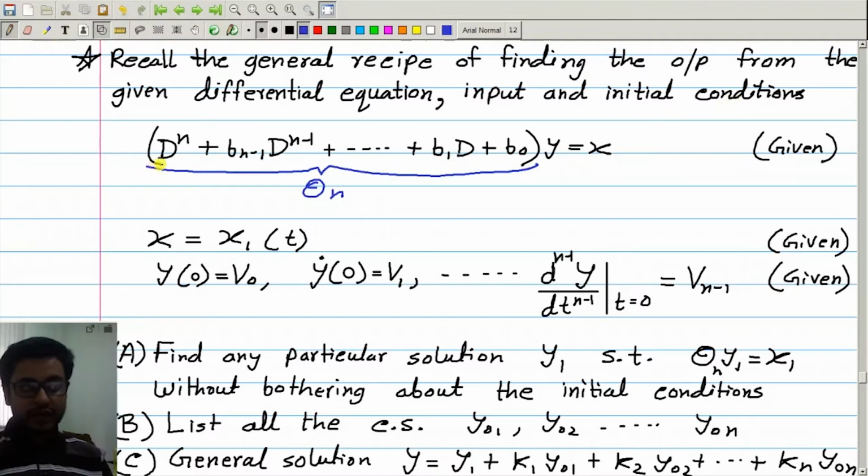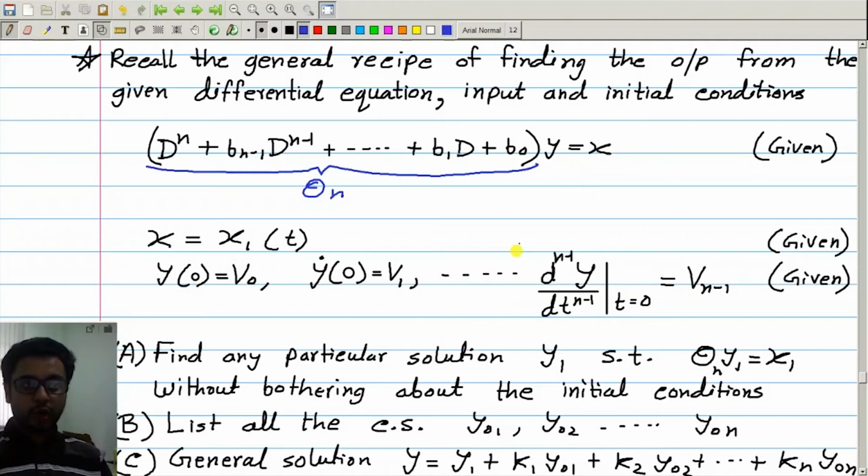So if a differential equation like this is given and the input also is given together with the initial conditions y(0), y dot (0) and so on, n number of initial conditions are given, the values given are y(0) equal to v0, y dot (0) equal to v1 and so on.